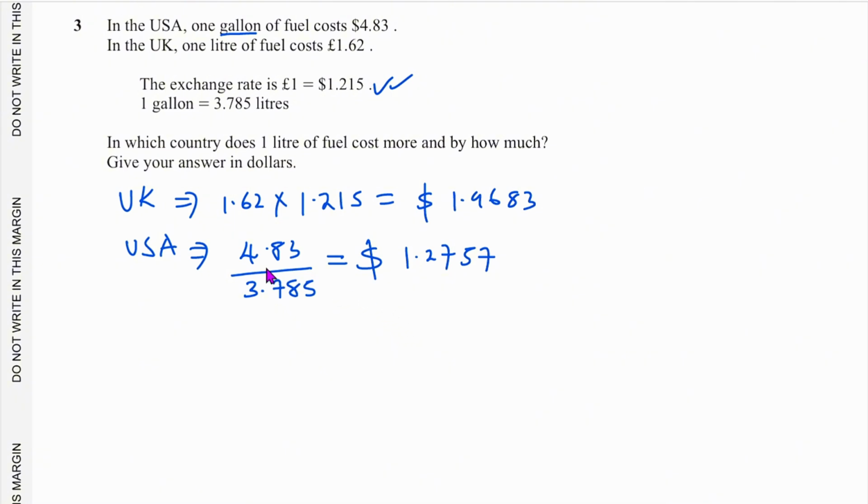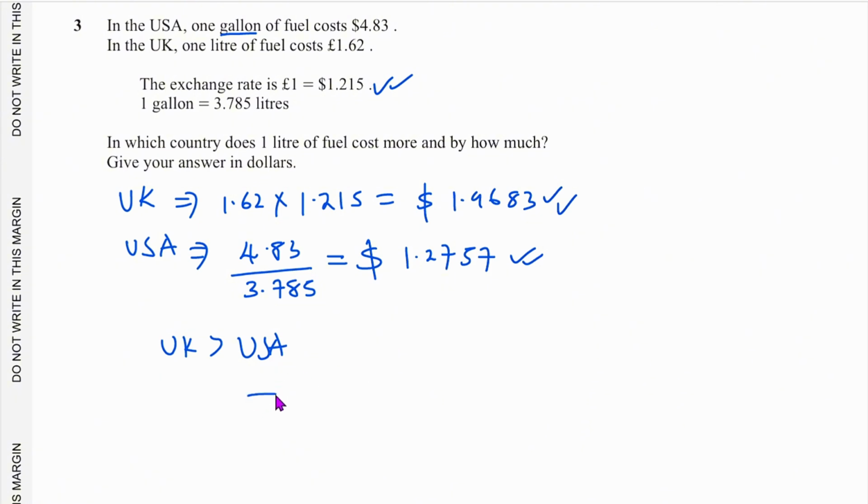1.2757. So the question was, in which country does 1 liter of fuel cost more and by how much? So we can see that the one for the UK is more expensive, or is greater. So we'll say the one for the UK is greater than the one for the USA. But the question is by how much?